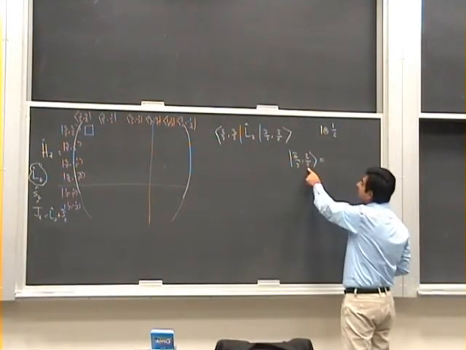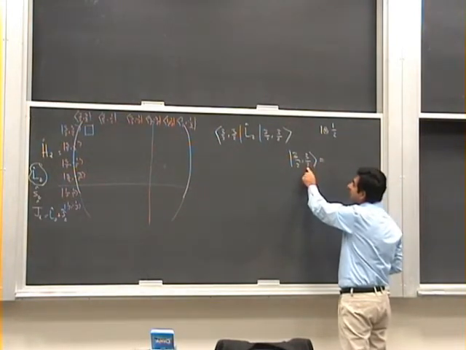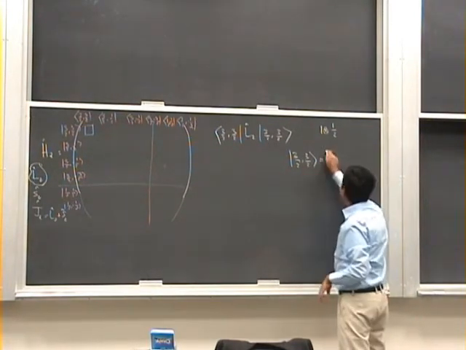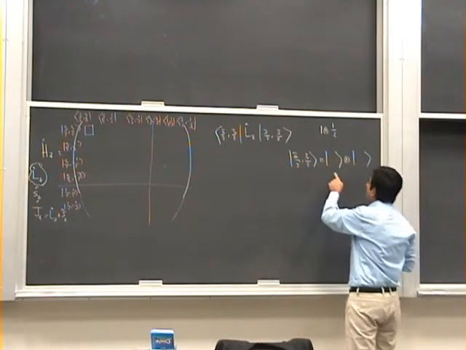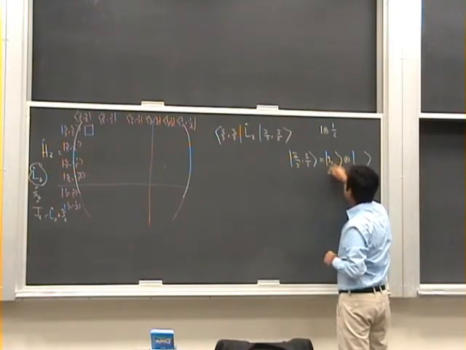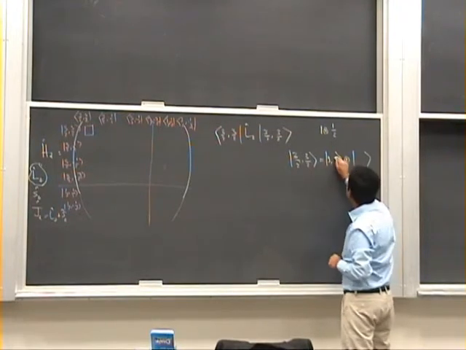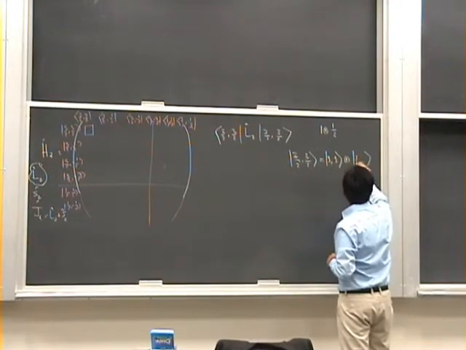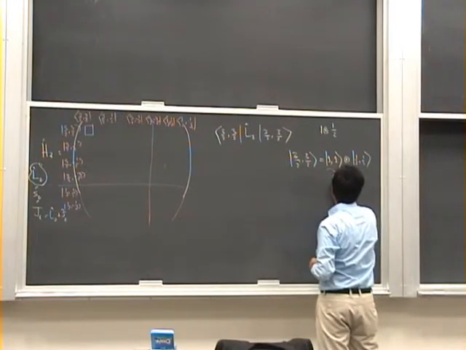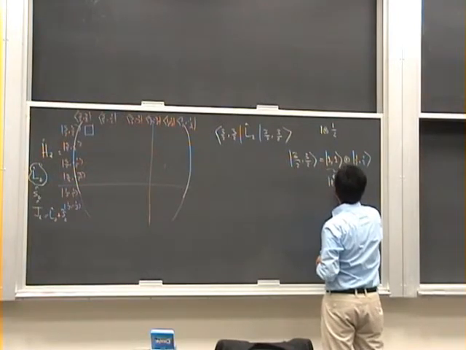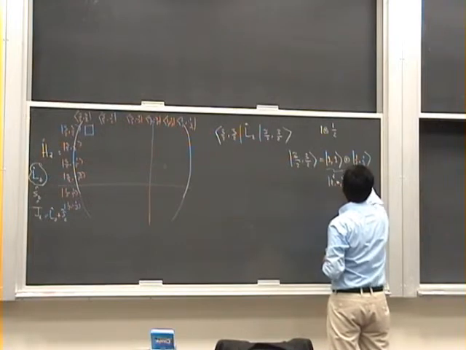The only possibility of achieving an mj value of 3/2 is if this is fixed at 1, so ML will be 1, and MS, if S is 1/2, will be 1/2. This kind of labeling represents L, ML, crossed with S, MS.